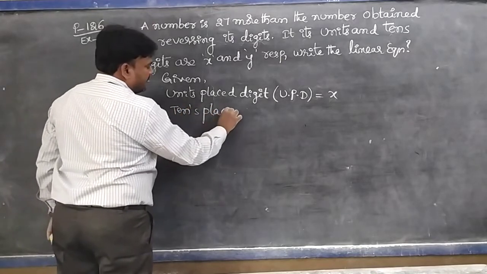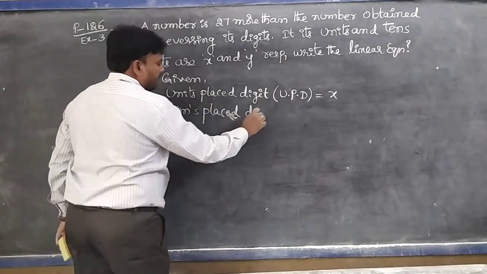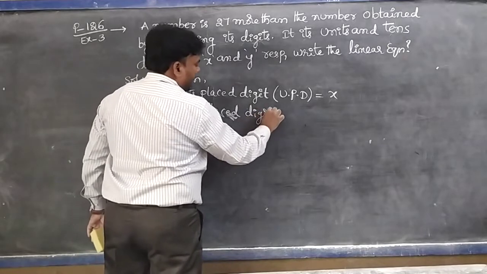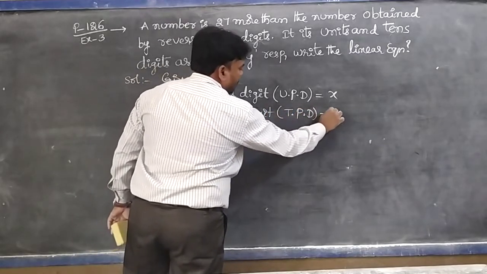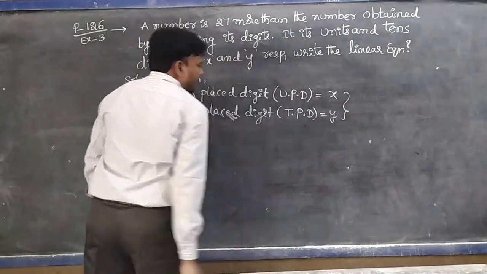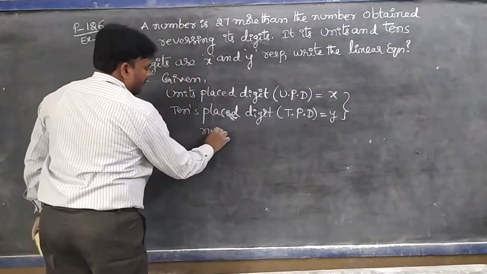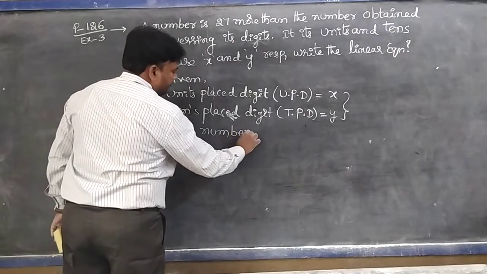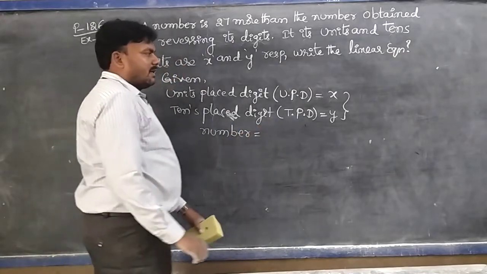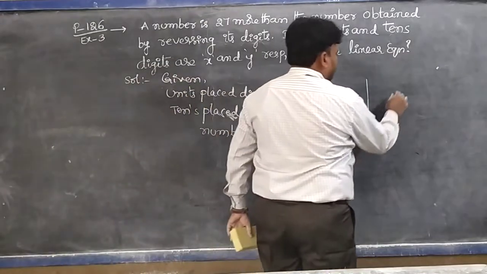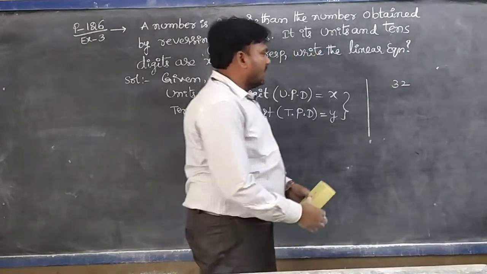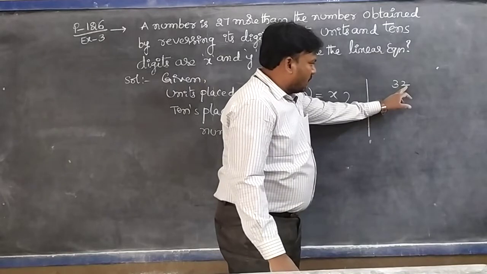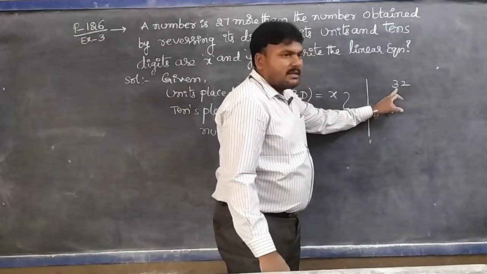Tens place digit, TPD, equal to y. Okay, so then the number equals. Here observe, students, I take one number, 32. The number is 32. Here, 2 is in the units place, 3 in the tens place.